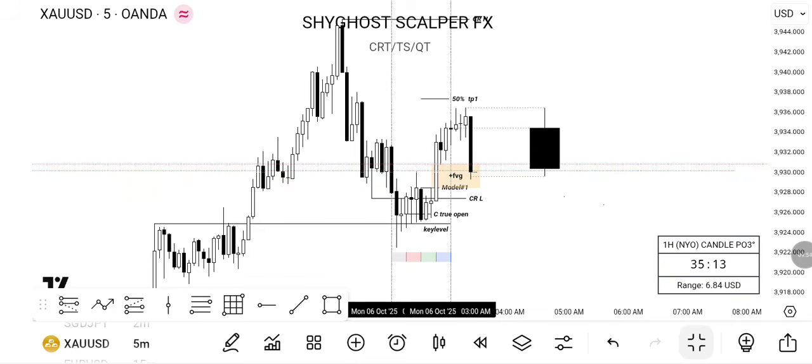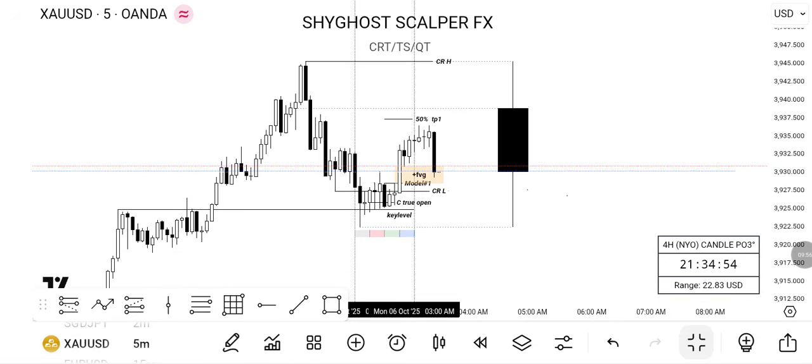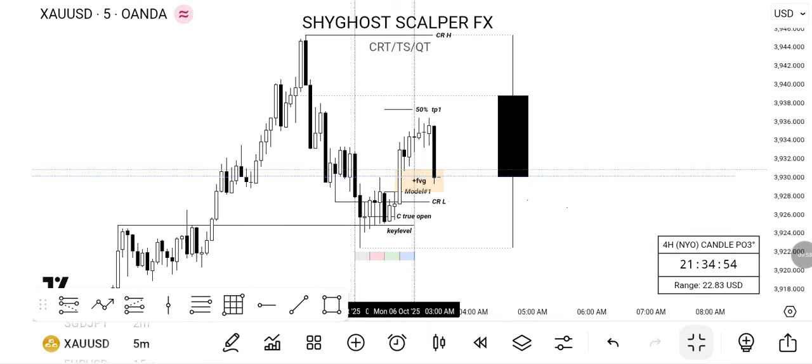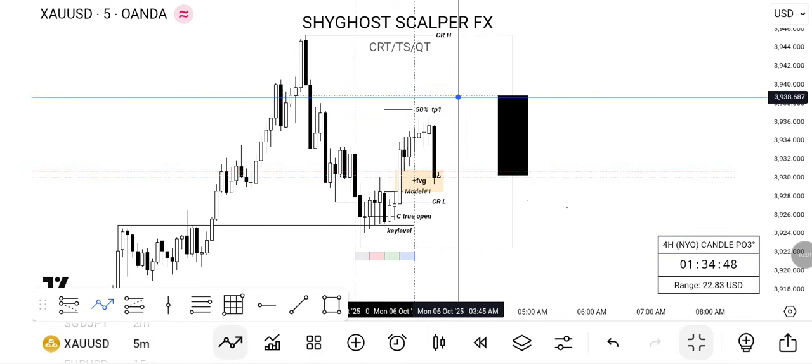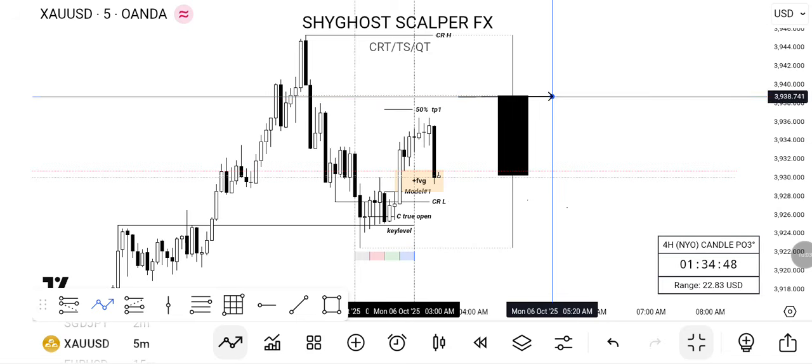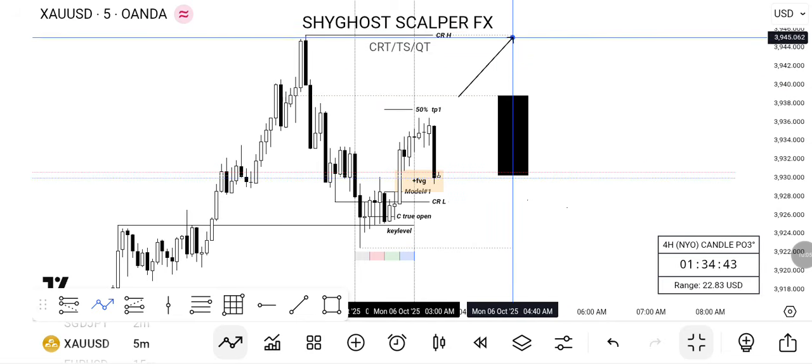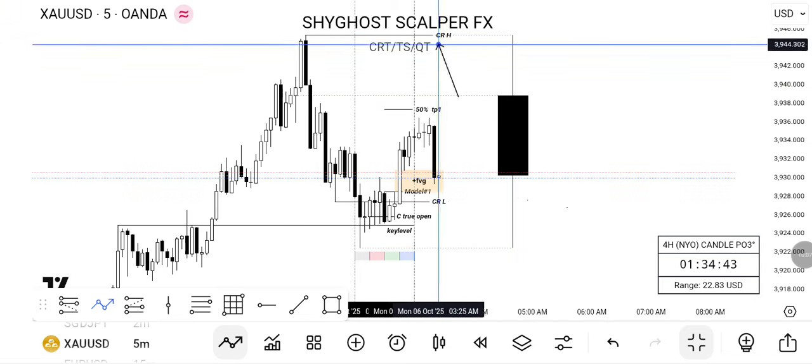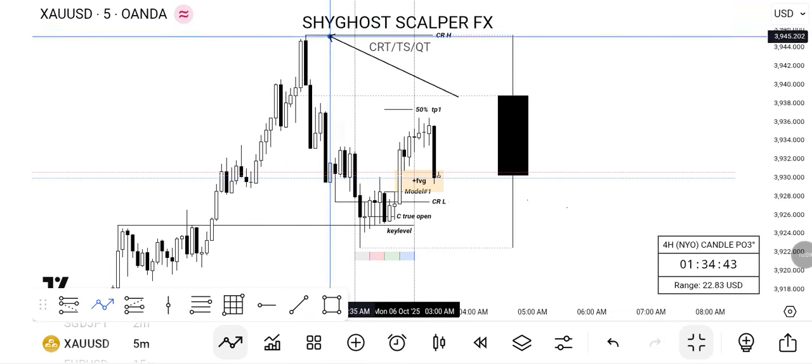Let's wait for the indicator to load. So now H4 also opened here. This one I don't count. Why? Because it didn't test any significant higher time frame key level.